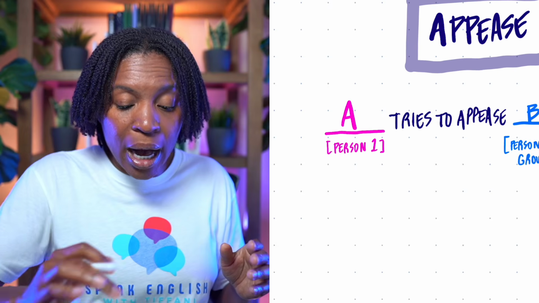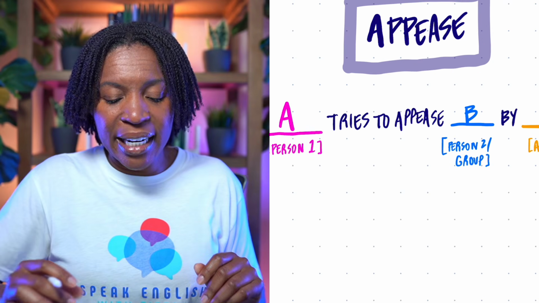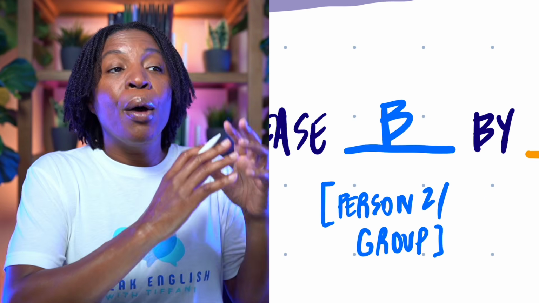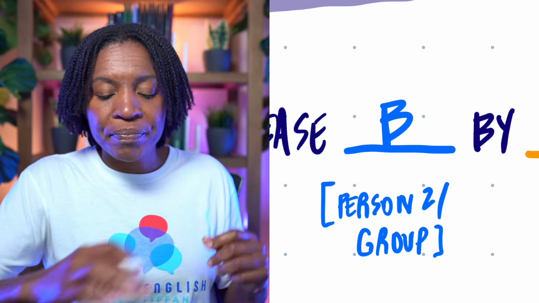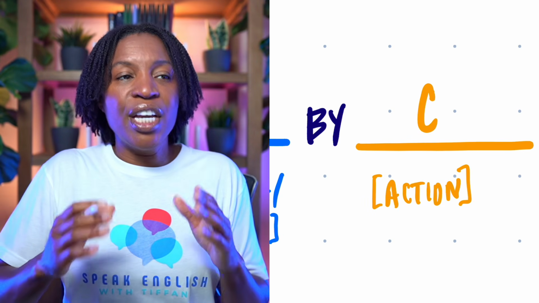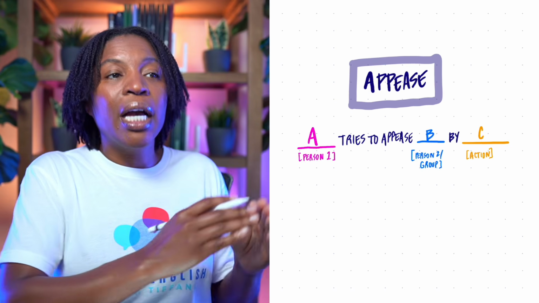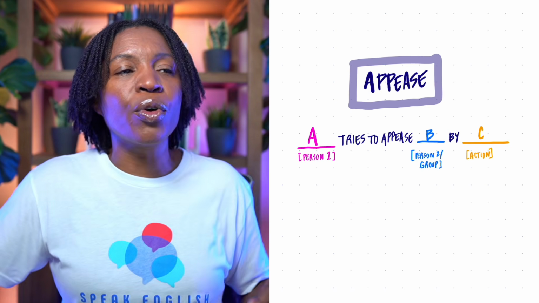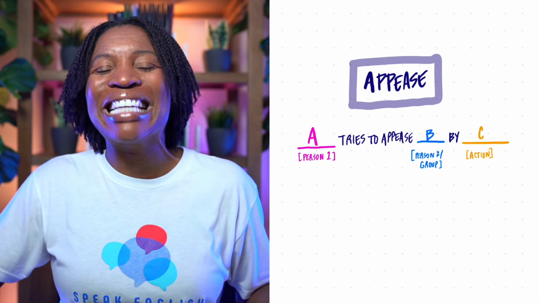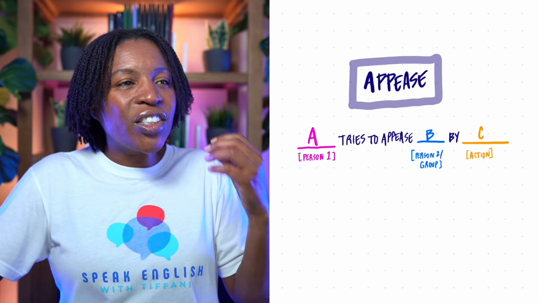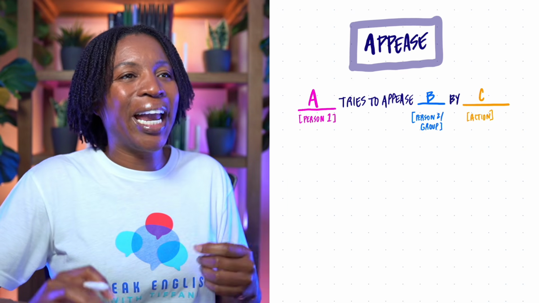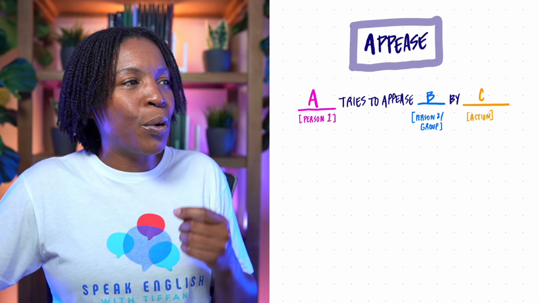So person 1 tries to appease, and then letter B is person 2 or a group, by letter C, which is the action. So let's see how we can use this to create our own example sentences.